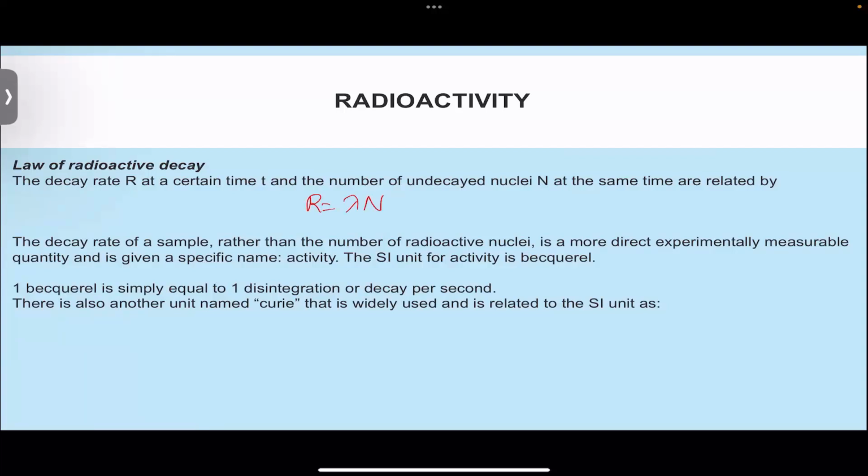This decay rate is a much more easily measurable quantity, and it is usually understood by the term activity. The SI unit for activity is the becquerel, named after the scientist who discovered radioactivity.